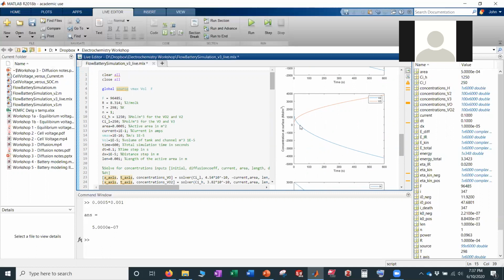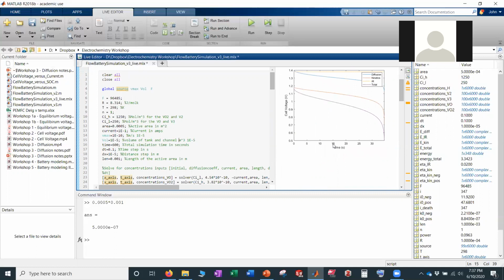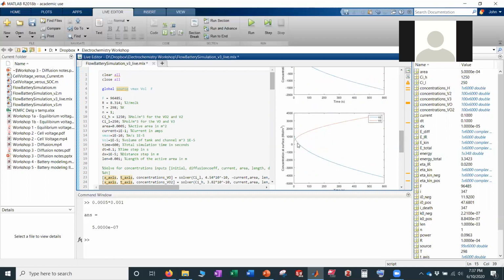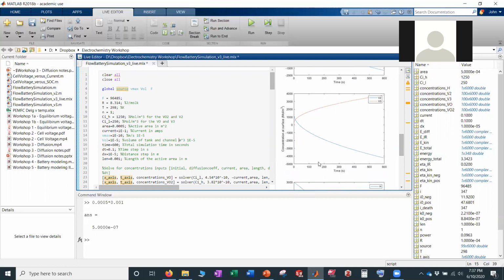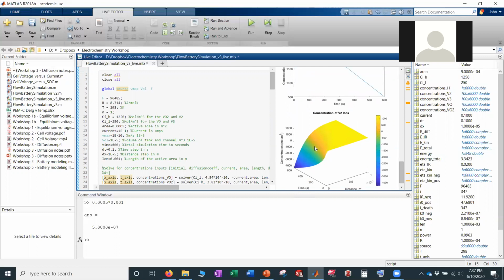This is probably like the end of the simulation. This V2 runs out at about, must be around 35 seconds or so. So right here. So it must be closer to here than it actually looks to me. So somewhere around there. And then you can see the concentration of the V2, and you see how it goes negative at some point.